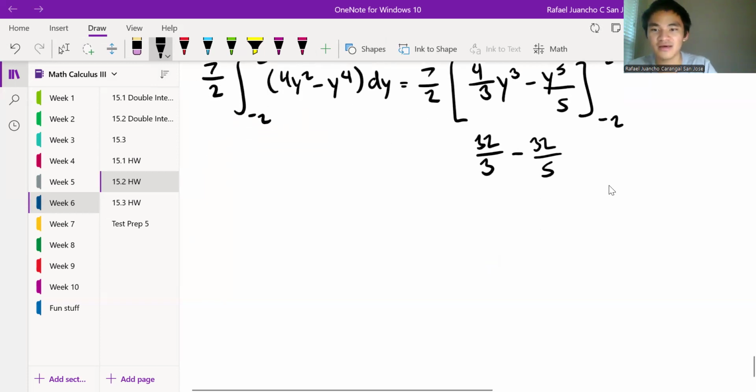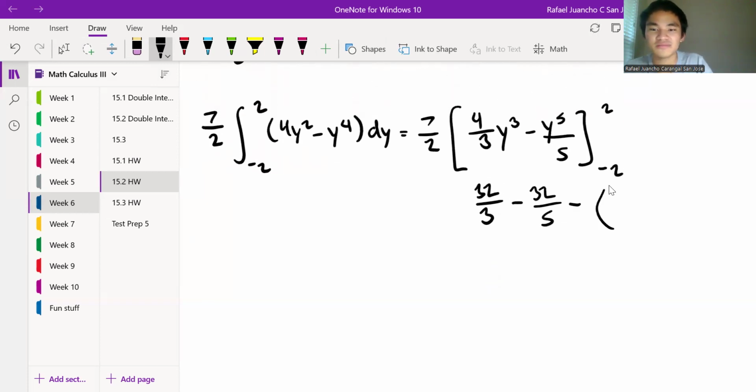Okay. And then the other one was, what was it? Minus 32 over 3. Then this one is a plus 32 over 5. So basically anything I do here, this 15 times 5 times 5, that's 160. Minus, this is 15 and 96.